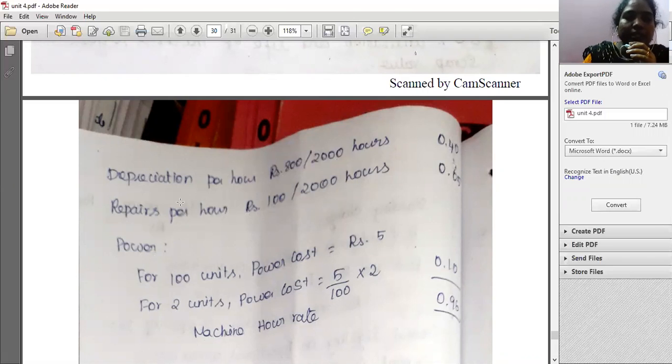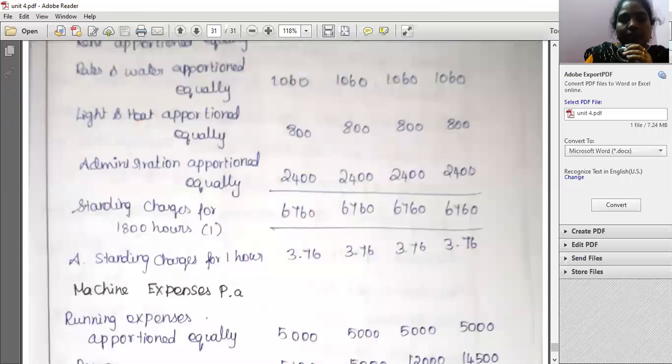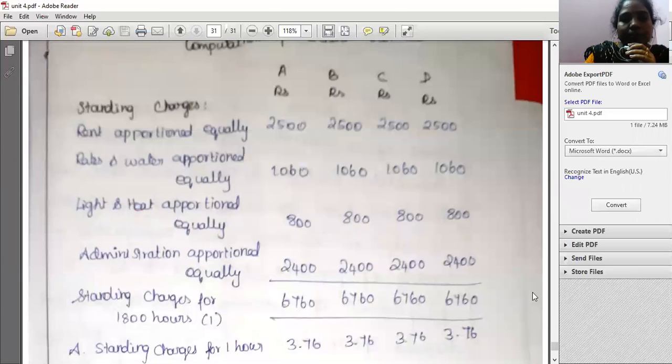And the power is also related to the machine, so it is also taken into consideration for the machine hour rate. 100 units of power cost rupees 5, and for 2 units the power cost is 5 divided by 100 into 2, we arrive at 0.10. Totally 0.96 is the machine hour rate we find for that problem.